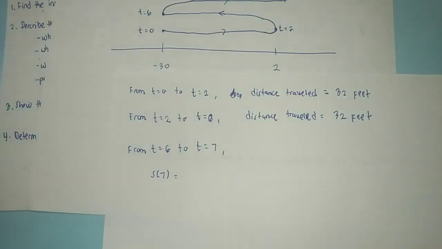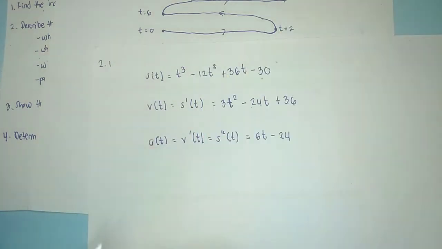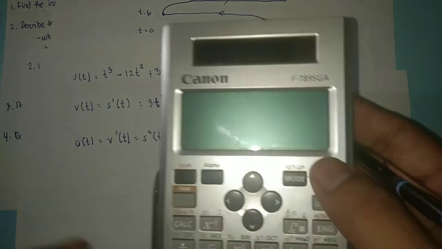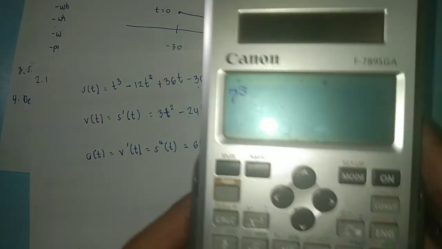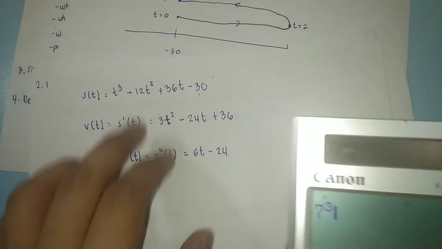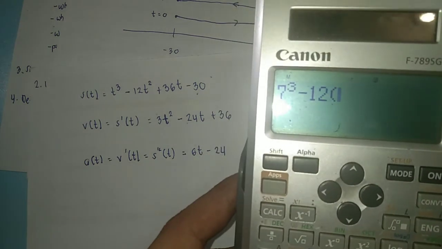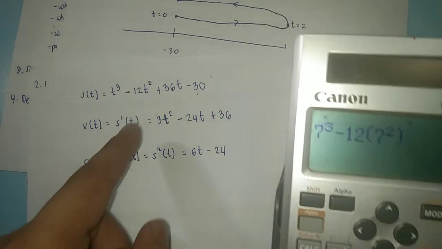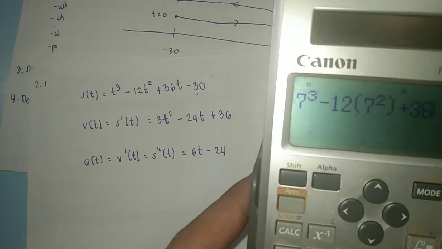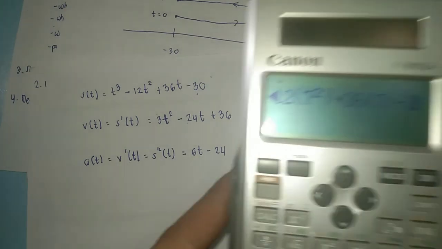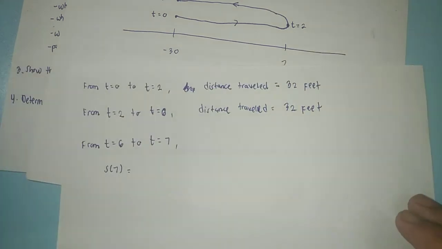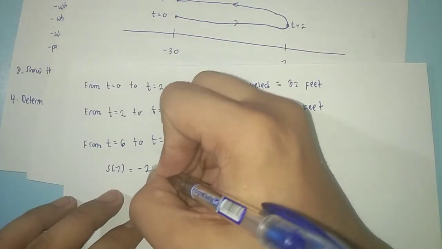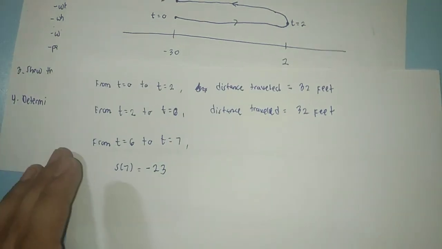Okay? So sa substitute natin dito sa s of t natin, yung 7. So 7 cubed minus 12 times 7 squared plus 36 times 7 minus 30, so that is equal to negative 23. So s of 7 is negative 23.